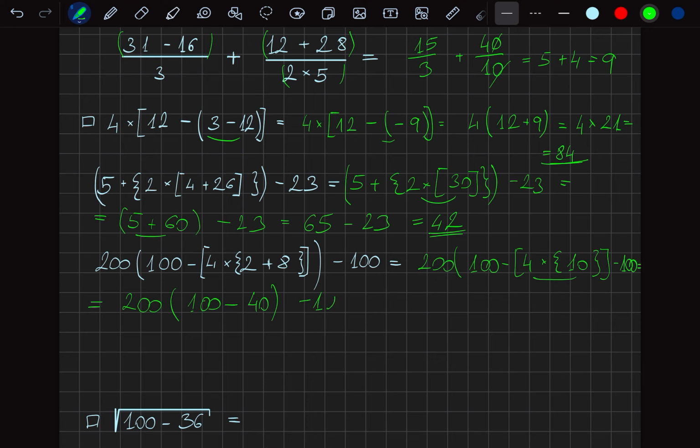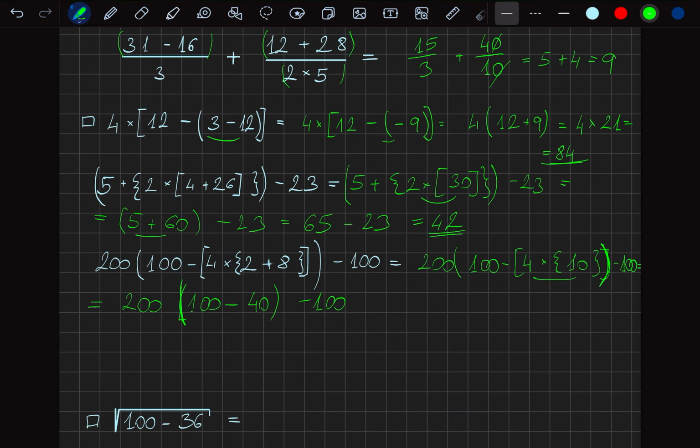Minus 100. And at the same time, I want to change the brackets because it's like this. Okay. No, sorry, it's just like it was before. I made a mistake here. Okay, sorry.